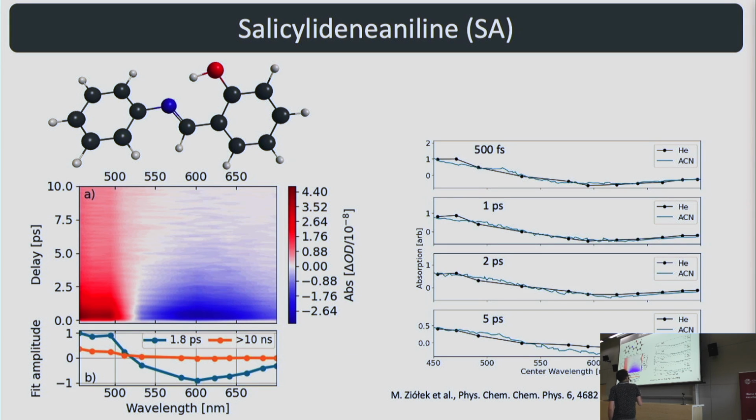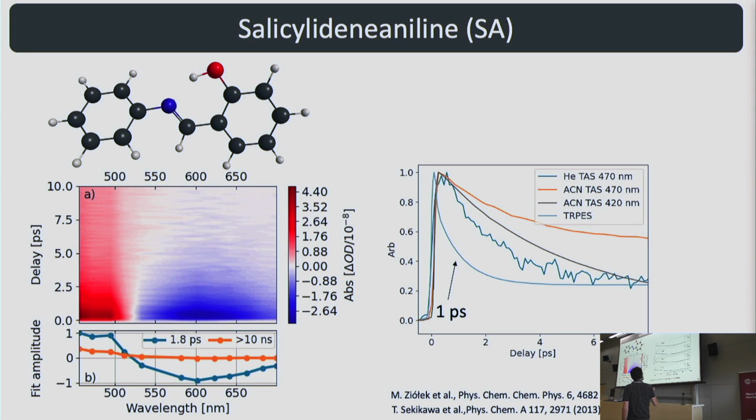And what we have found is that we get very good agreement between our gas phase measurements and measurements done by Ziółek from Adam Mickiewicz University 20 years ago in acetonitrile in the liquid phase. Here I'm showing also the decay constants for this kind of system where we excite and then the system goes down.